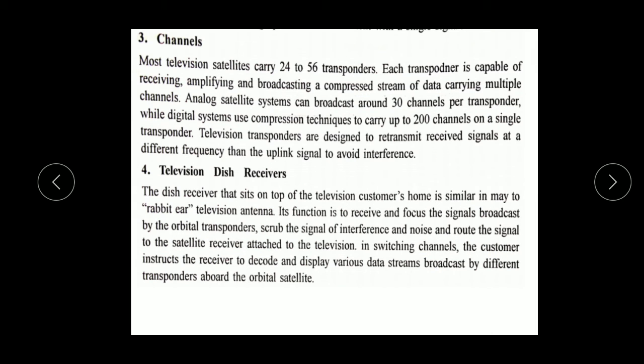Most television satellites carry 24 to 56 transponders. Each transponder is capable of receiving, amplifying, and broadcasting a compressed stream of data carrying multiple channels. An analog satellite system can broadcast around 30 channels per transponder, but a digital system uses compression techniques to carry up to 200 channels on a single transponder.